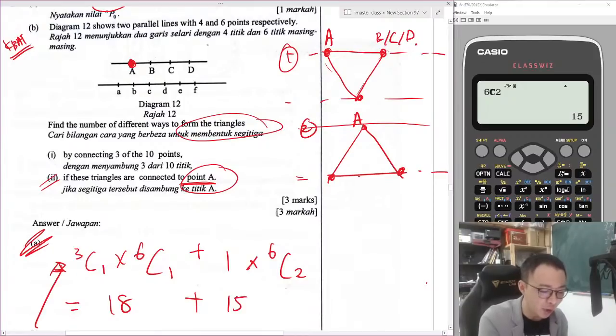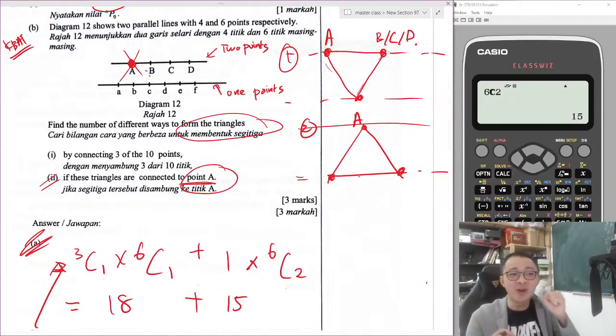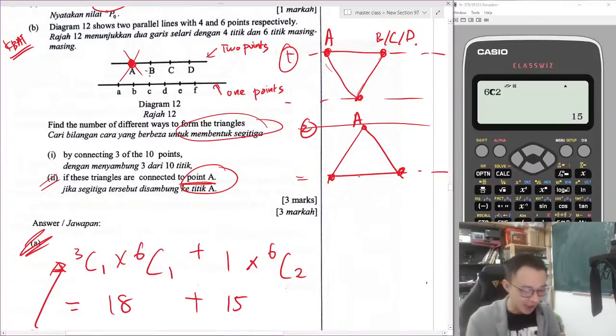I need 2 points on the top and 1 point at the bottom. One of the points must be A already, so you don't need to include A anymore. So right now, because I must have A, on the top you still have three choices, right? So you cannot say 3C2. If you say 3C2, then you ignore A.